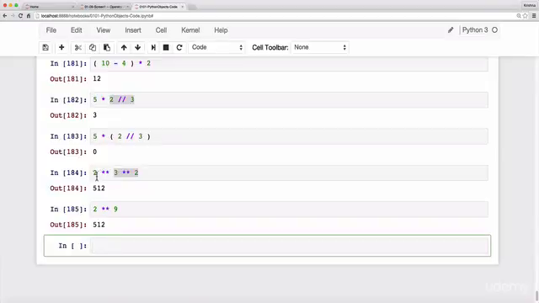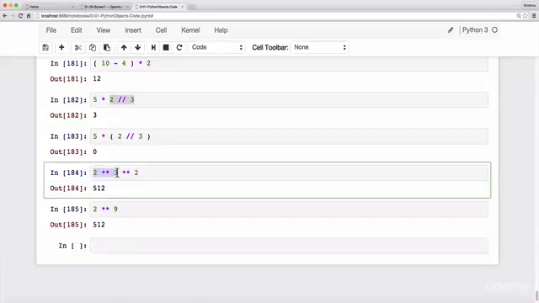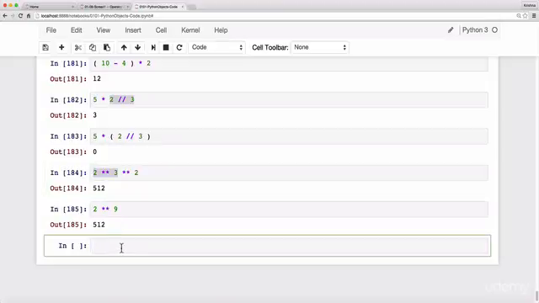Here, if you want to evaluate 2 to the power of 3 first, then you must write the expression as 2 to the power of 3 in parentheses, and then apply the second power of, and then you will get 64.